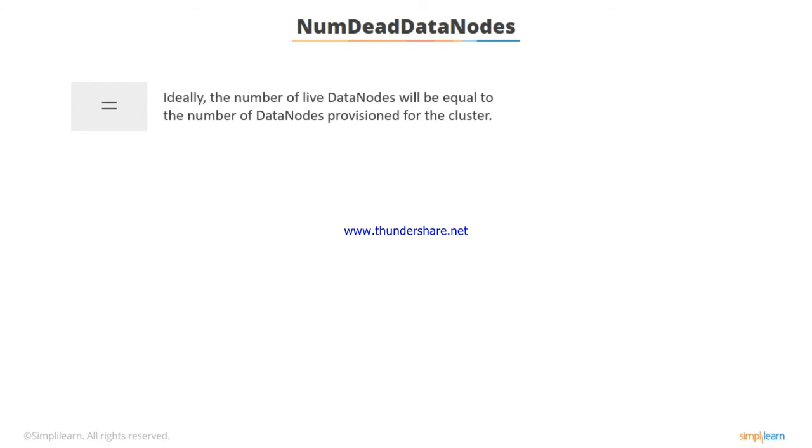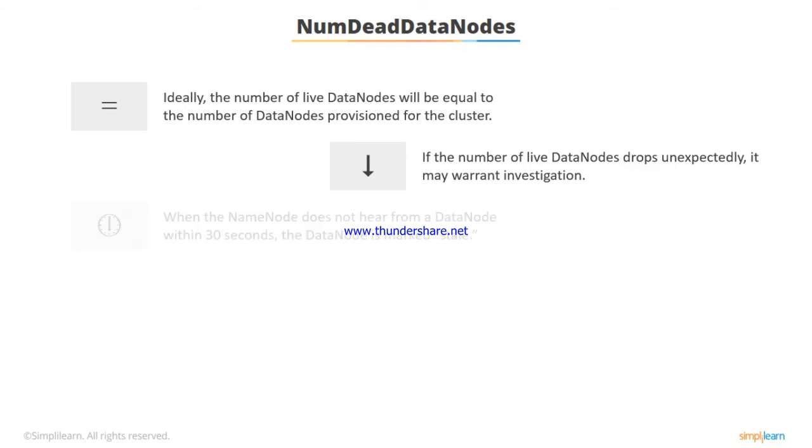Ideally, the number of live DataNodes will be equal to the number of DataNodes provisioned for the cluster. If the number of live DataNodes drops unexpectedly, it may warrant investigation. Num dead data nodes, on the other hand, should be alerted. When the NameNode does not hear from a DataNode within 30 seconds, the DataNode is marked as stale.